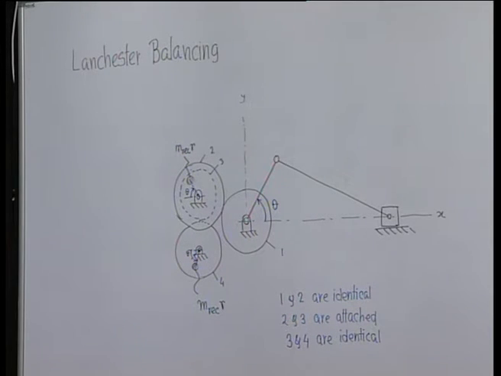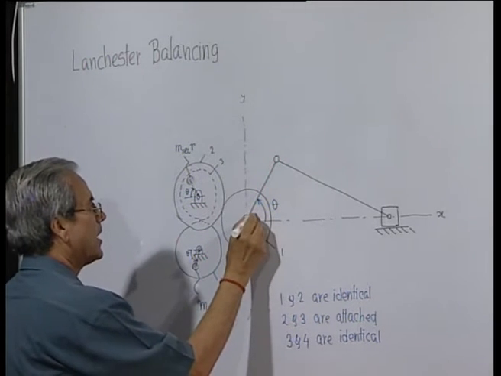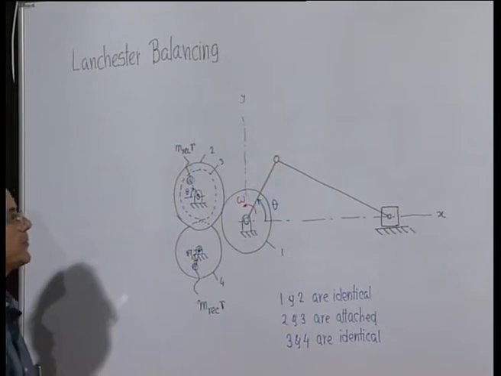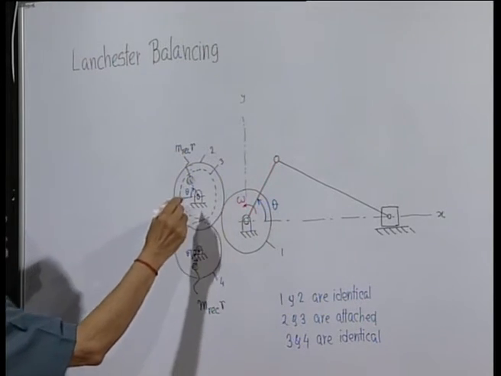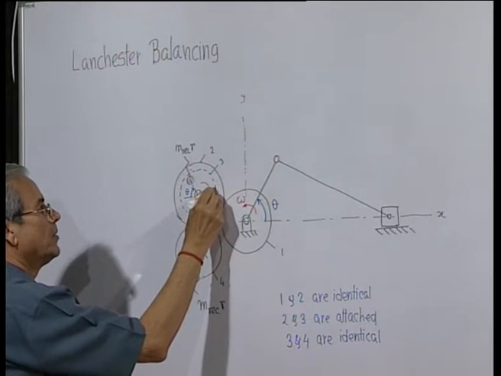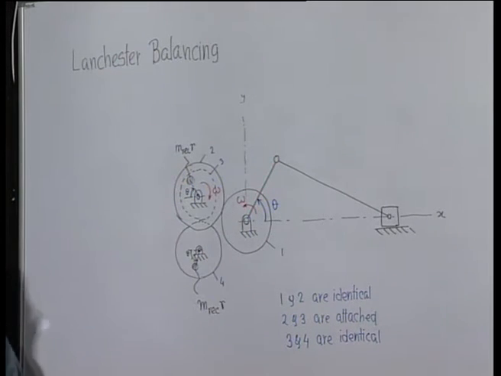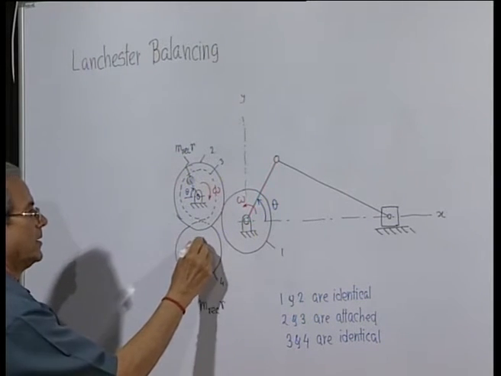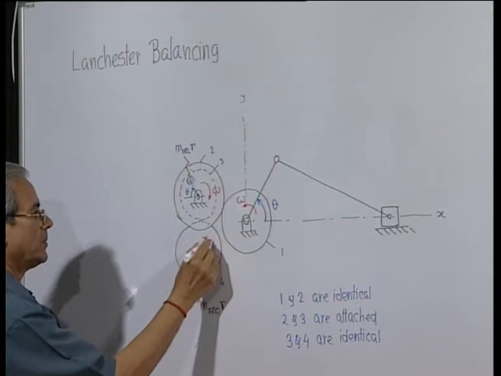Now, let us consider the motion. Since this is rotating in this direction with an angular velocity omega, this gear 2 and along with that 3 will rotate in this direction at the same speed omega. And since 3 and 4 are identical, this will also rotate with a speed omega.